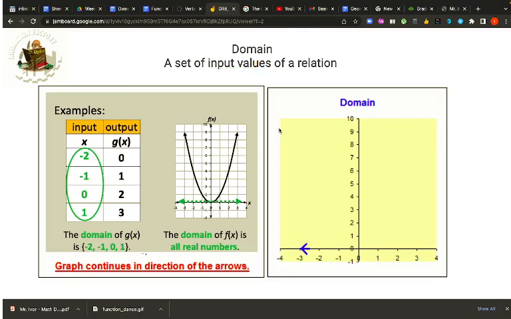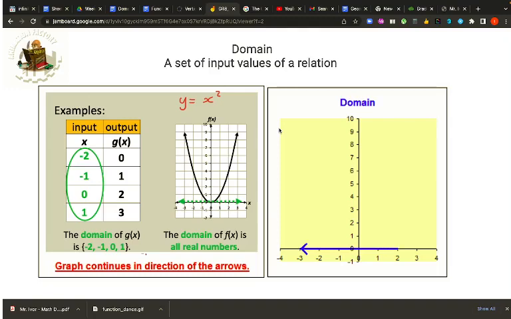So if you look at this function, which is y is equal to x squared, if I put in these values in here, I'll get the output. We are looking at all these x values here.